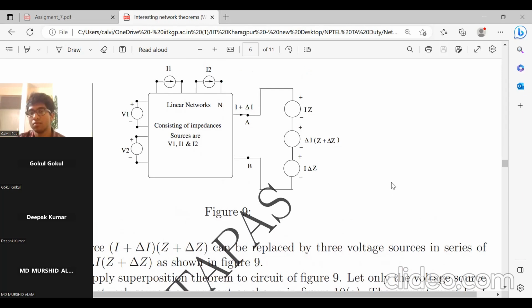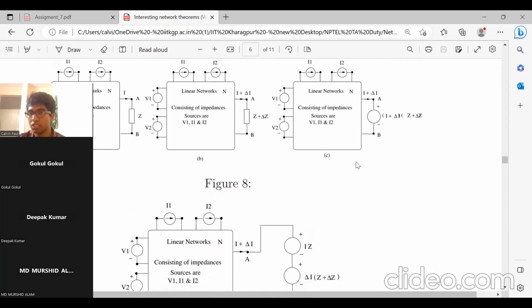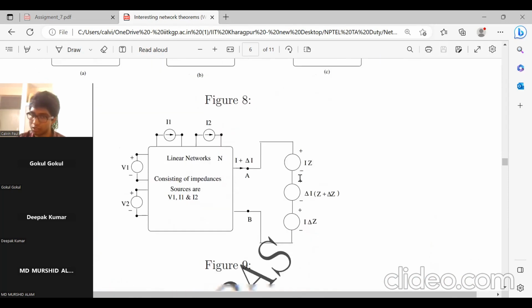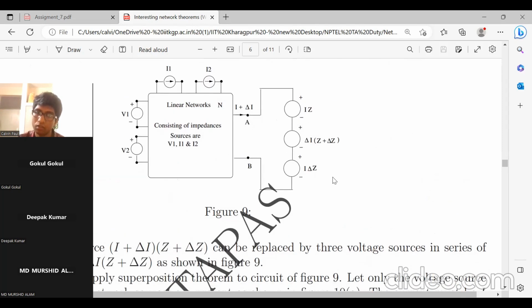This one voltage source has been divided into three voltage sources. Okay, sir.